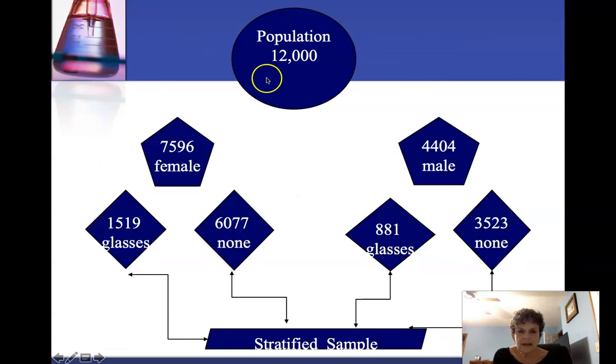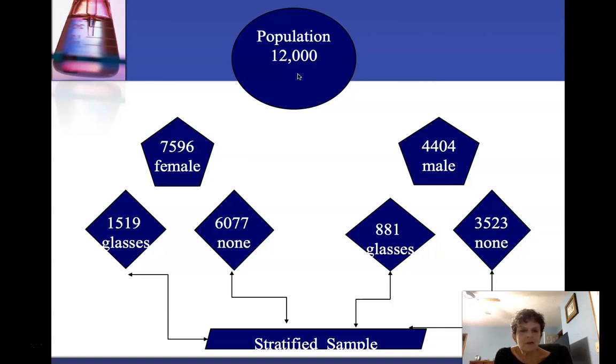So we go up here, we have this population. This is how many we have. So if you take 12,000 and you multiply it by 63.3, you will get 7,596 female.